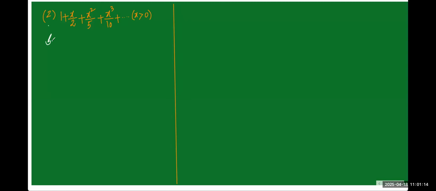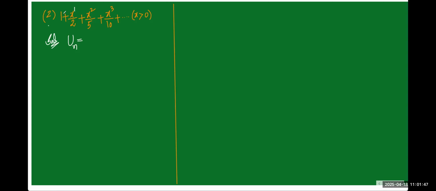Solution. What is the basic requirement? We have to get the Un value, right? Un means the nth term of this given series, which we require. If this is a series, definitely it is a sequence, and if it is a sequence, it follows a pattern. What pattern is it following? Look at that. X power 3 is there, X power 2 is there, X power 1 is there, so definitely X power 0 may also be possible.